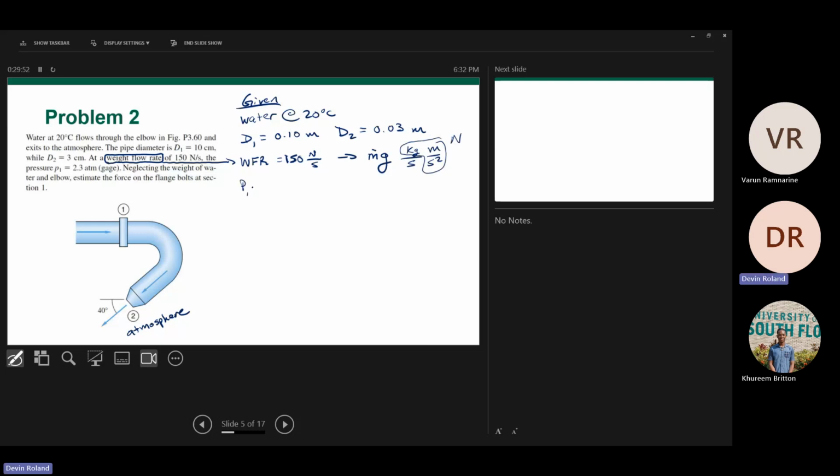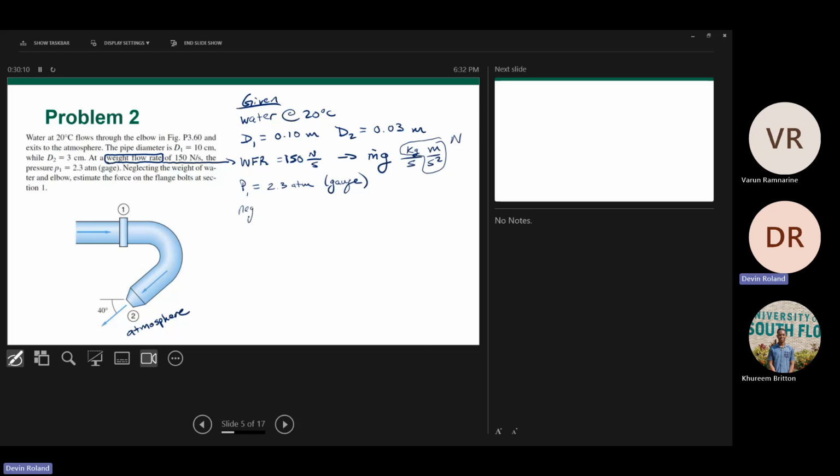Okay, so we know that we have a P1 of 2.3 atmospheres, and that is a gauge pressure. So we don't have to convert from absolute this time. It gives it as gauge.